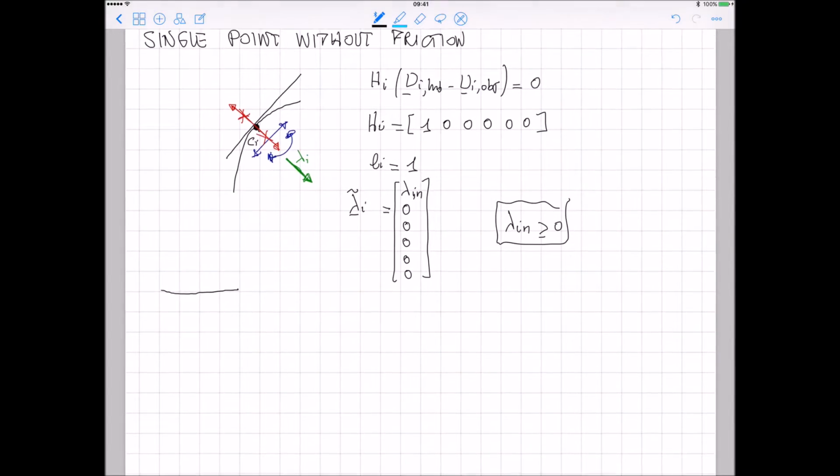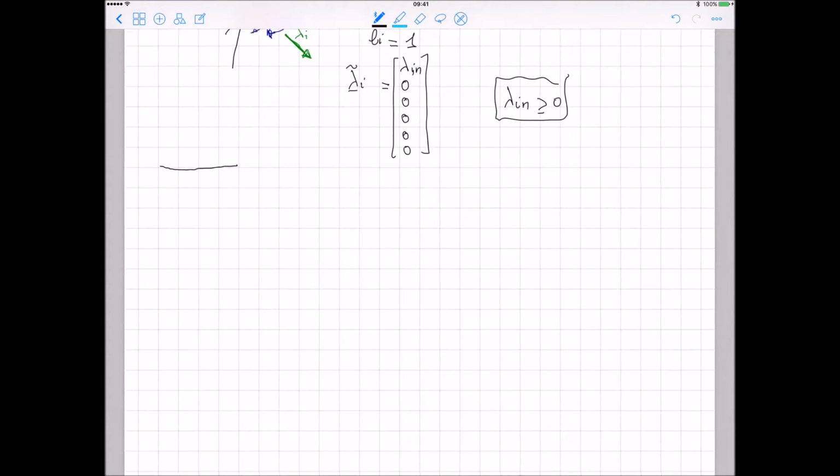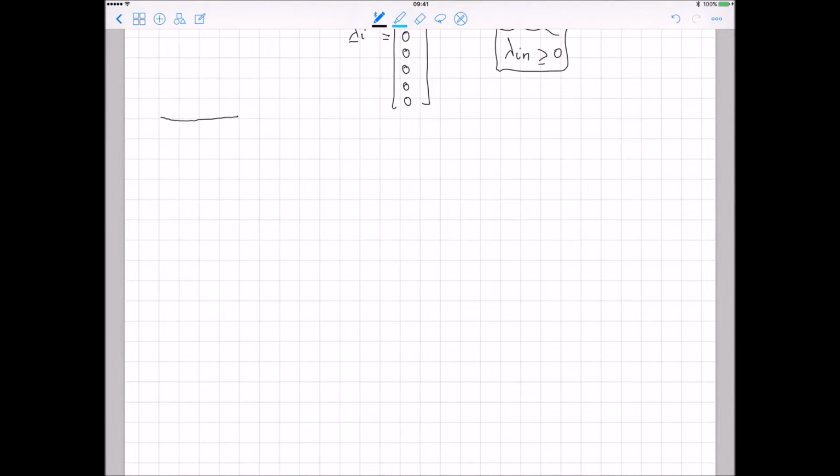The second contact model that we see is the single point with friction, that is also called hard finger.